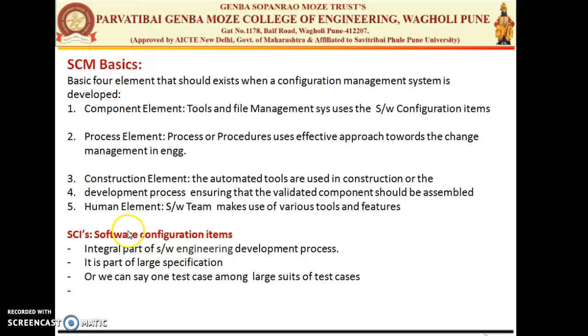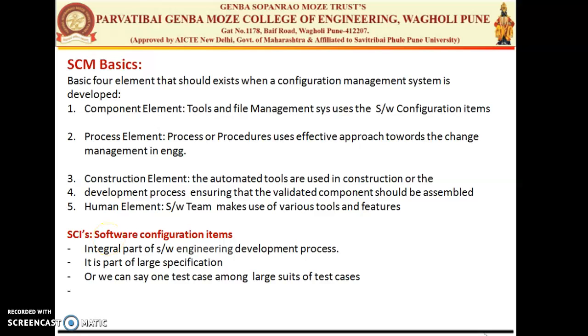One concept is SCI. That is nothing but the software configuration elements, or we can say the items, software configuration items. Basically SCI, the software configuration item, is an integral part of the software engineering development process. We can say it is a small part in a large specification.